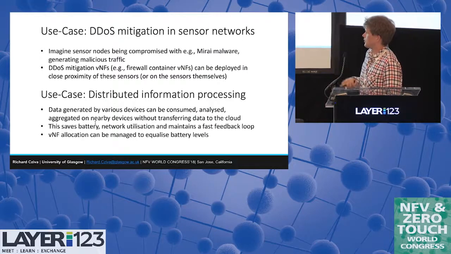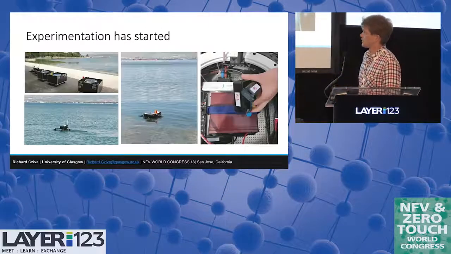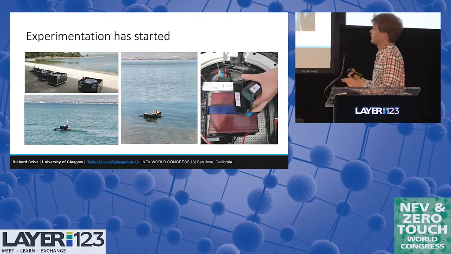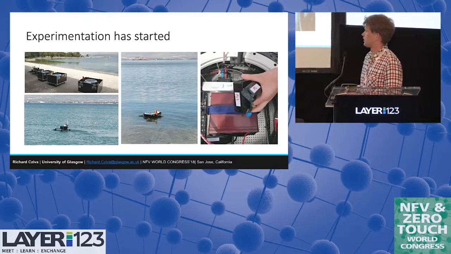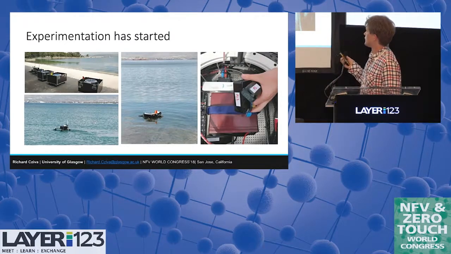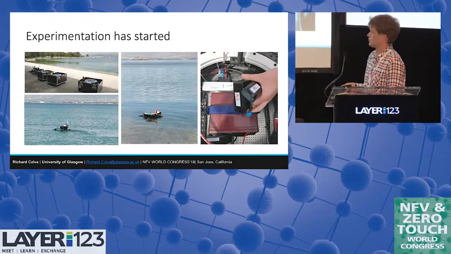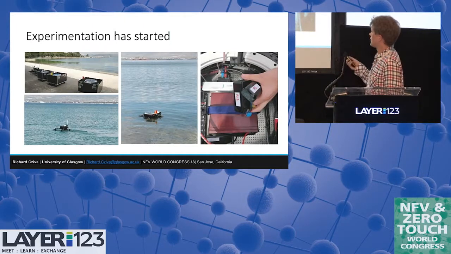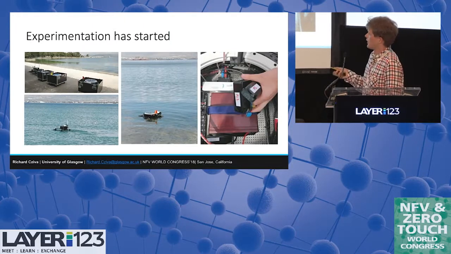We have started experimentation for both of these, and these are pictures we've taken approximately 3 weeks ago. The testbed is in Athens, so we basically went there and we put our own battery-powered Raspberry Pis on these boats, and they were able to communicate with each other.